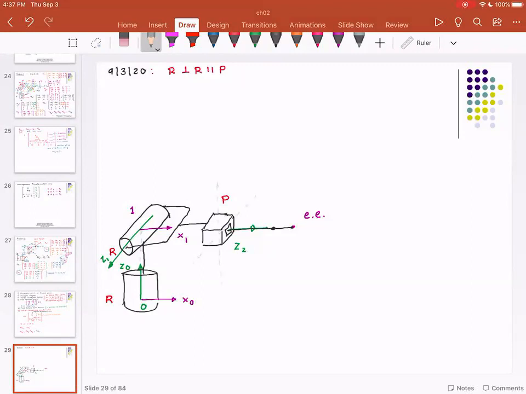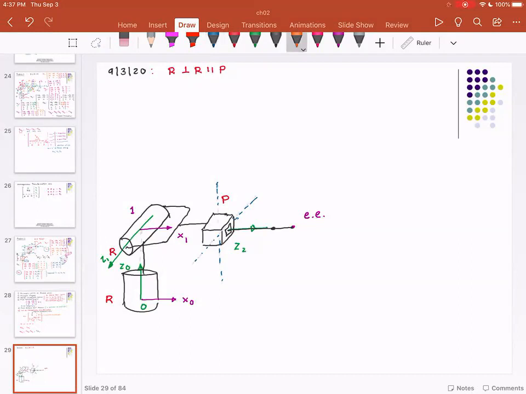So x2 could be along this axis, x2 could be along this direction, x2 could be going up, x2 could be going in the bottom direction. So let's try to see, and this is just an exercise, and I'm going to do this just for one problem.